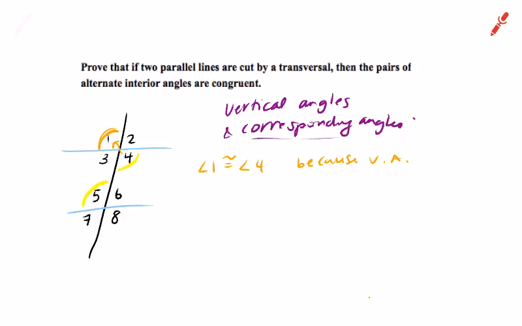And we can now say too that angle 1 is congruent to angle 5 because of corresponding angles.